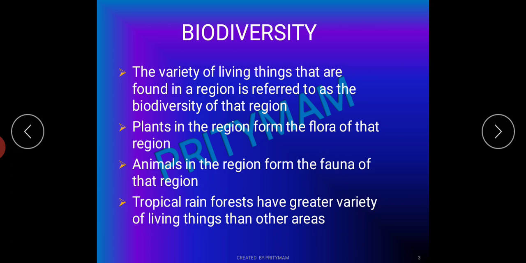Can you see all the living things that you can see in a park or forest in a busy area in the center of the town? Biodiversity varies from place to place. It is never the same. The tropical rainforests have the largest number of living things compared to other areas.